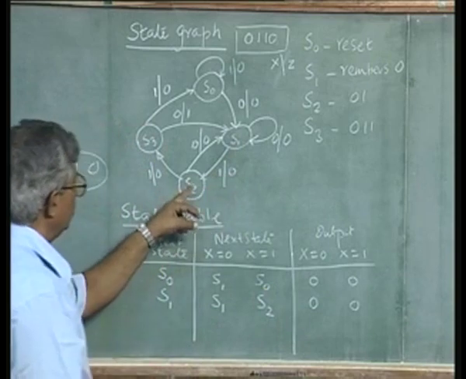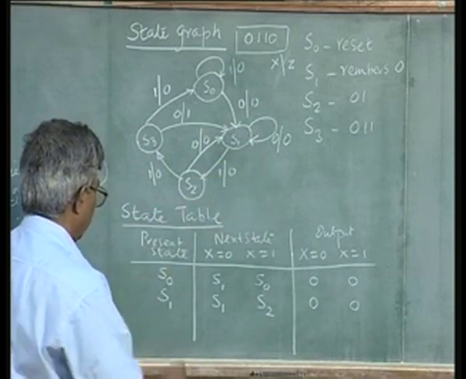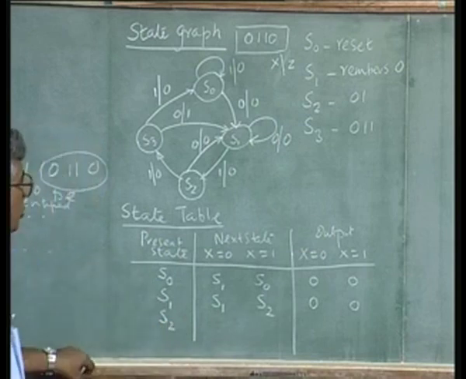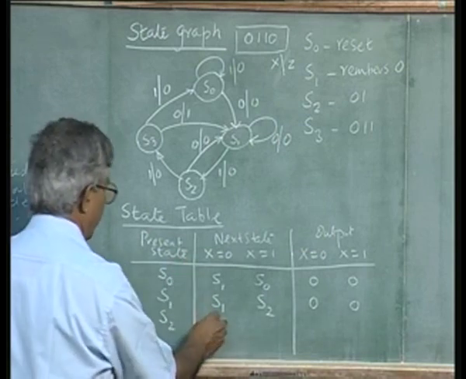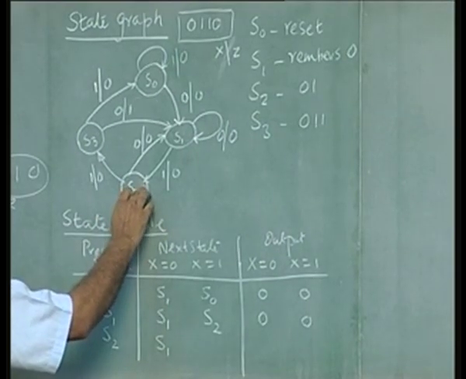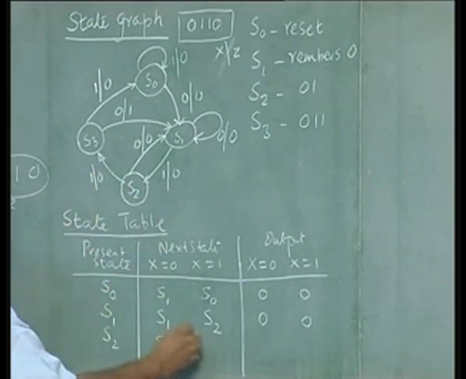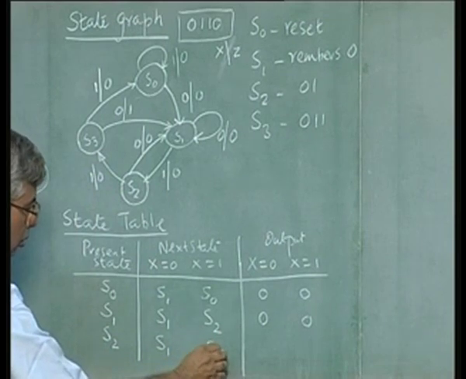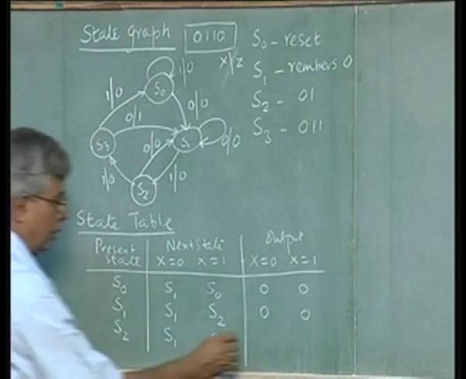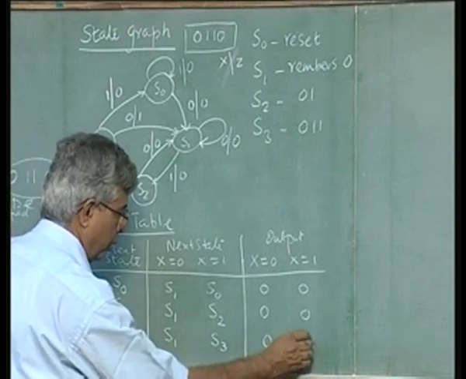You are in state S2; if input 0 occurs, go back to S1, and if it is 1, you go to S3. Again, in both cases the output is 0.